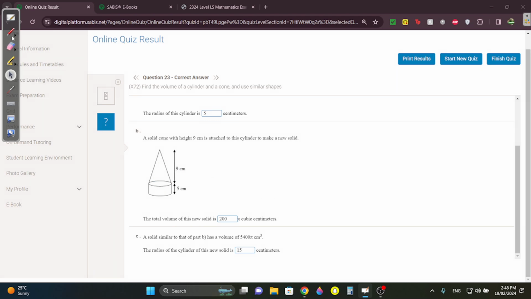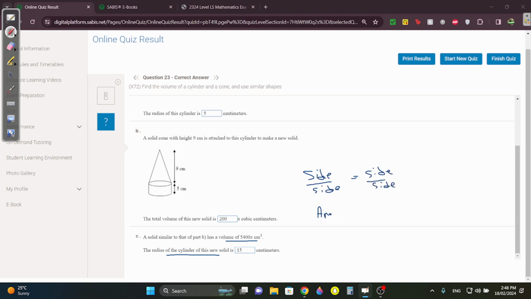Okay. A solid similar to that of part B has a volume of 5,400 pi. The radius of the cylinder of this new solid is something centimeters. Always remember: whenever you're working with similar polygons, side over side is equal to side over side.